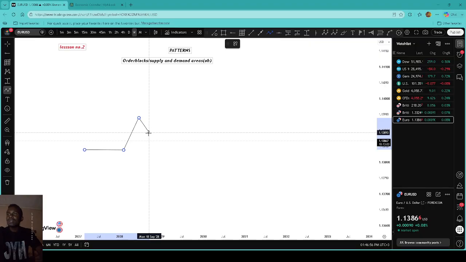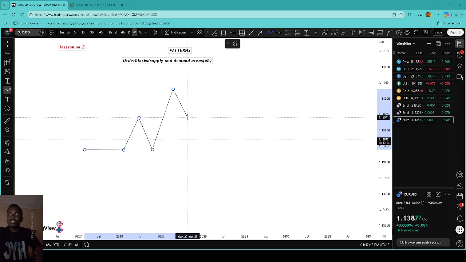Now, in trading, we always wait for price to come back to this demand area, and then price can continue upwards and then come back also to either this supply area. I want you guys to see how price works, okay?